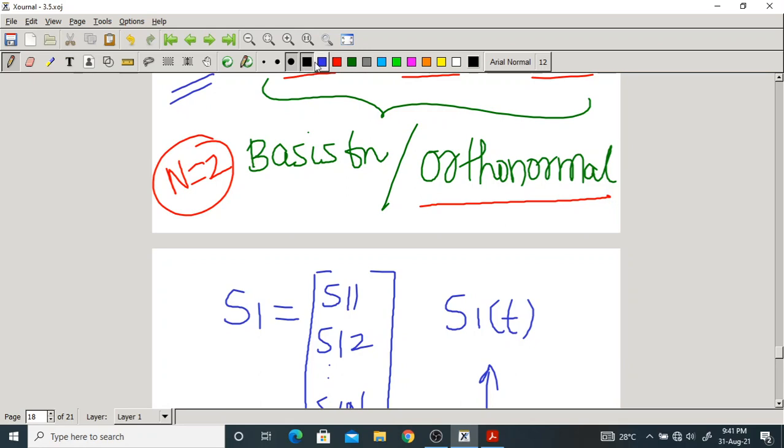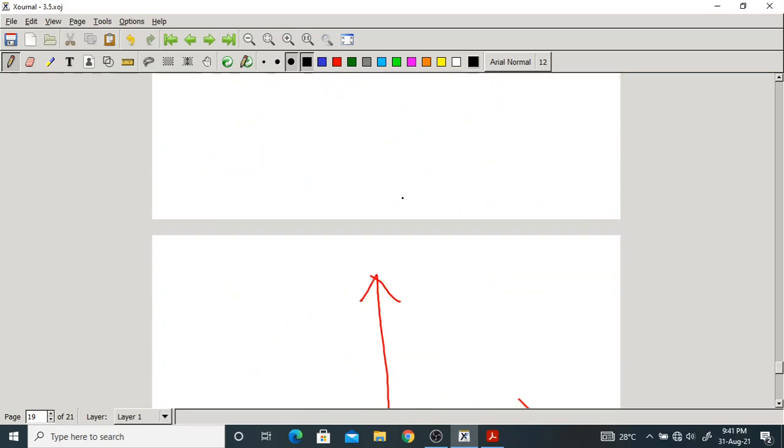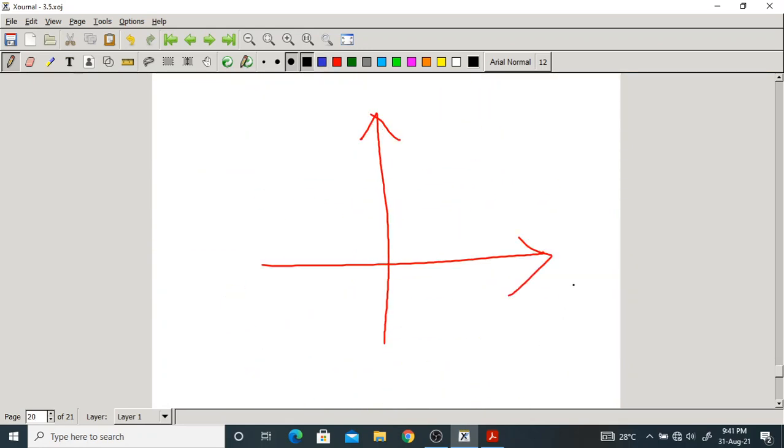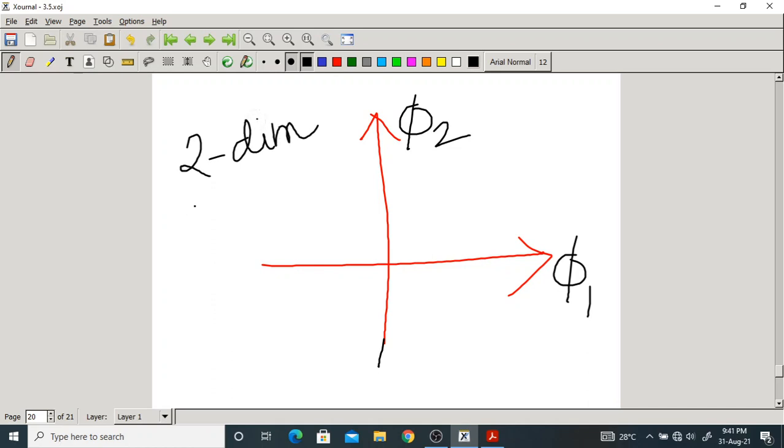So here, what are the axes? Not x and y. They are phi 1, phi 2. Don't write t here, just phi 1, phi 2. It is a two-dimensional signal space.